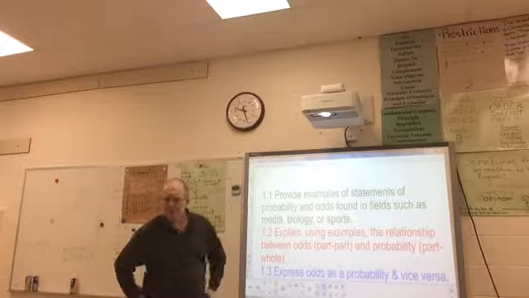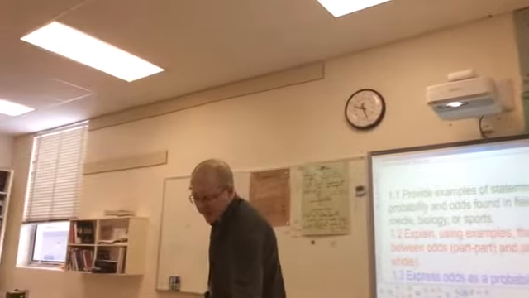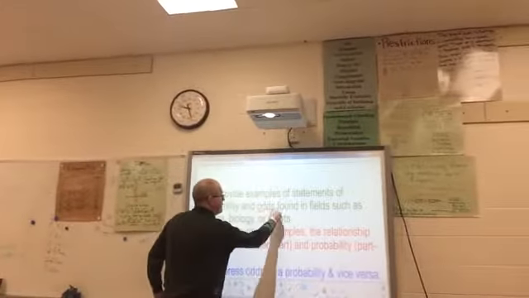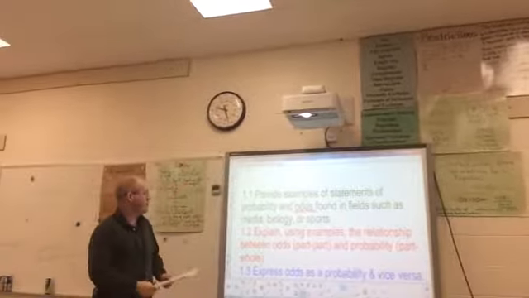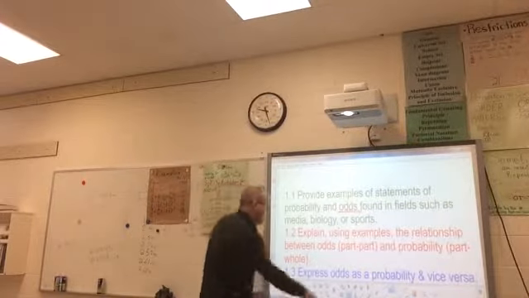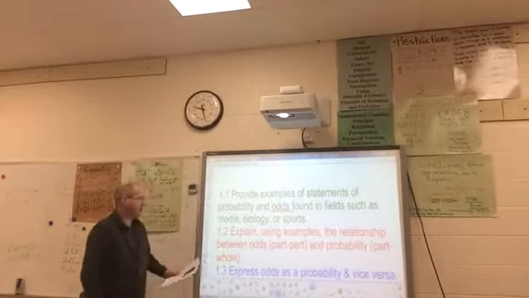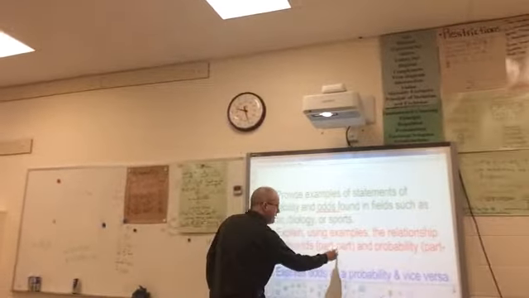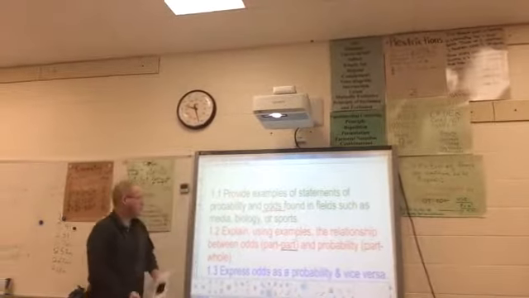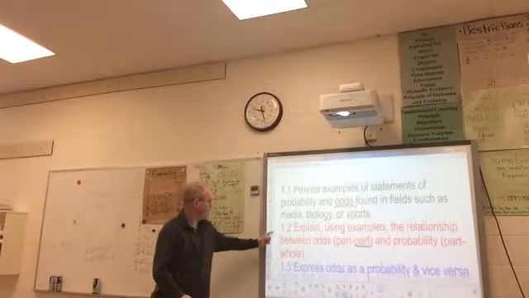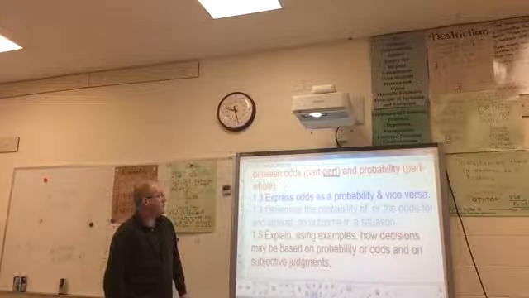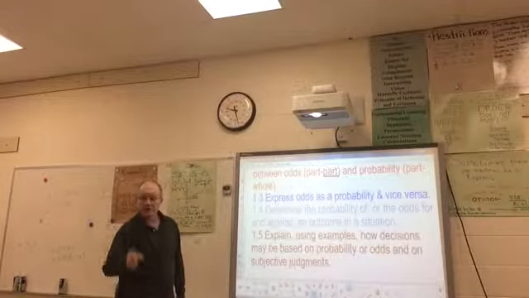So, today what we're going to be doing is providing examples of statements of probability and odds found in fields such as media, biology, and sports. Number two, we're going to explain using examples the relationship between odds, part to part, and probability, part to whole. 1.3, we're going to express odds as a probability and vice versa.